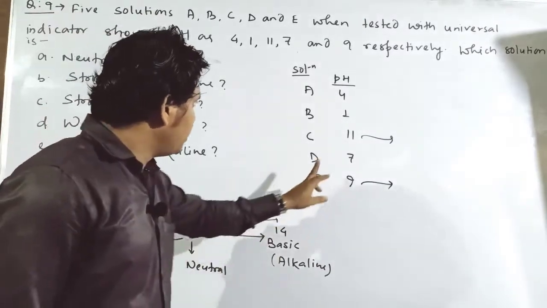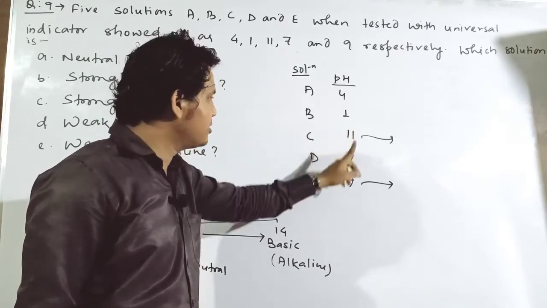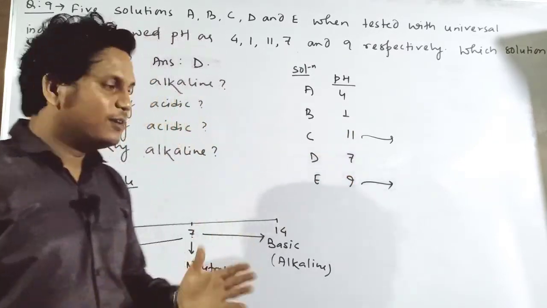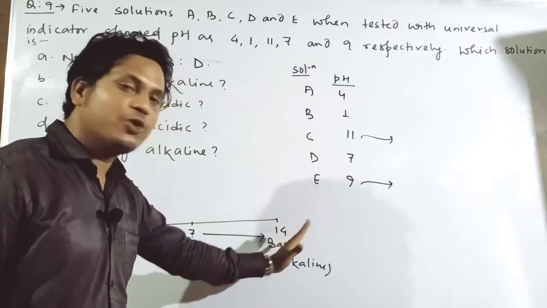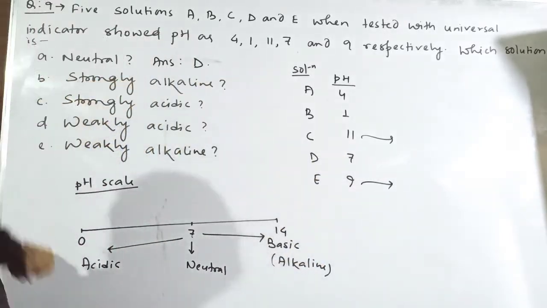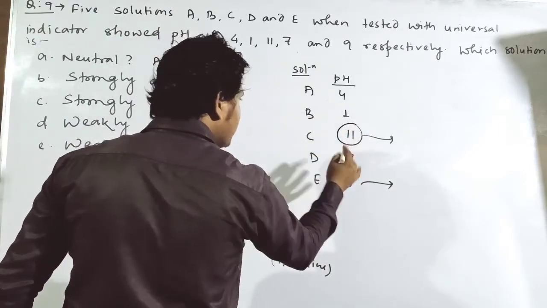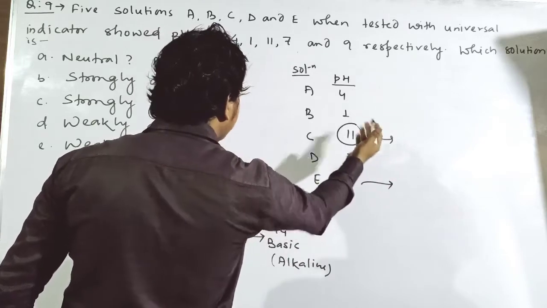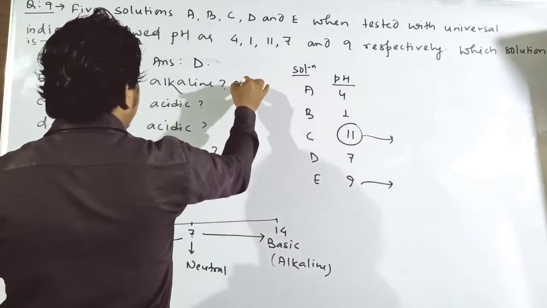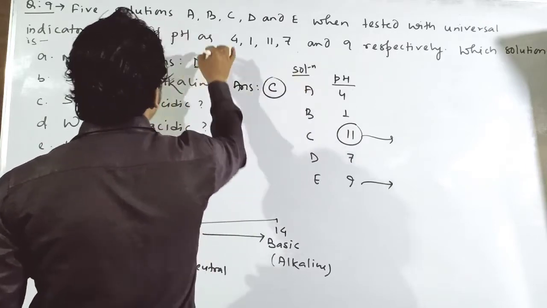So pH 11 will be stronger alkaline as compared to 9. Why? More than 7, stronger basic. So strongly alkaline will be 11, because 11 is even more than 9. So our answer will be 11. 11 is C. So the answer will be C.